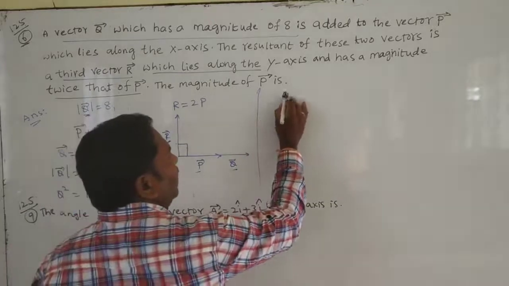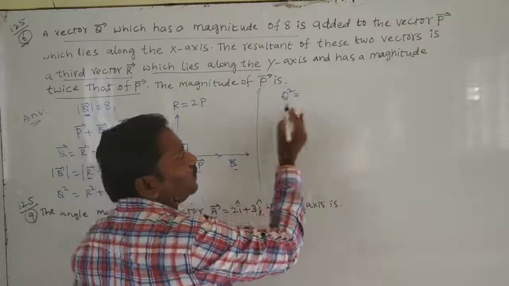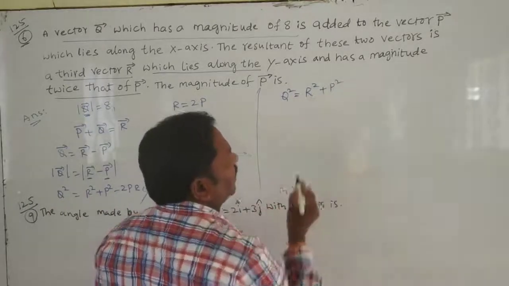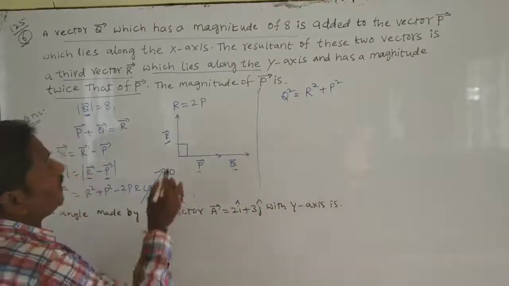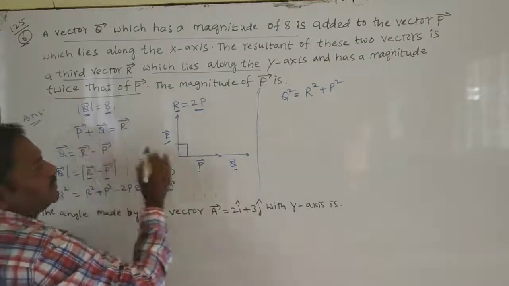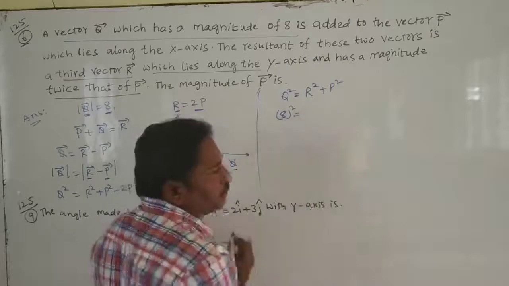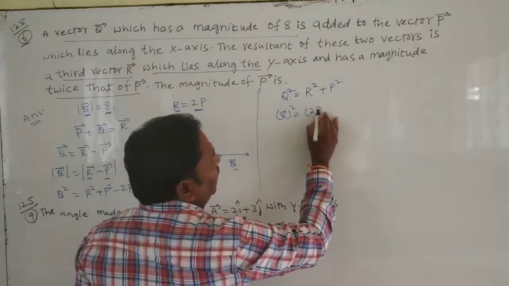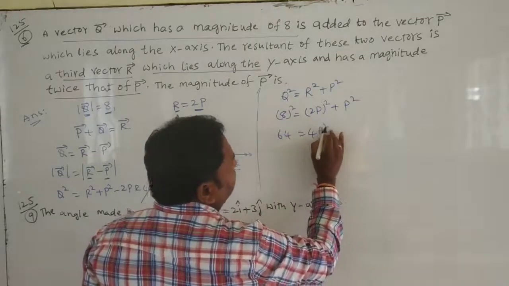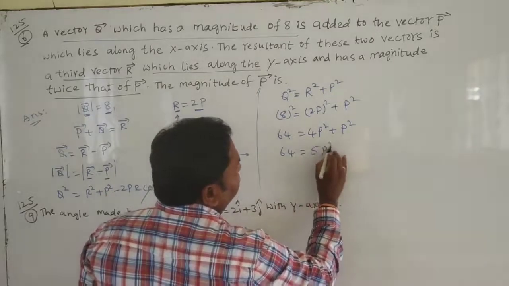Now we got the final expression. So q square equals r square plus p square. But r is twice that of p, and q is 8. So 8 whole square equals (2 times p) whole square plus p square. 64 equals 4p square plus p square. 64 equals 5p square.